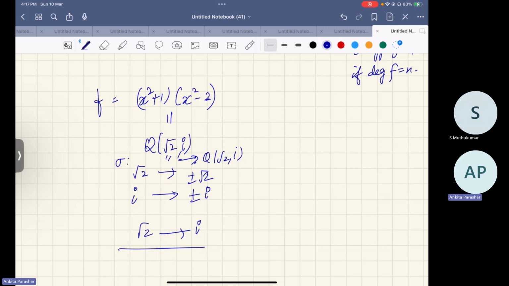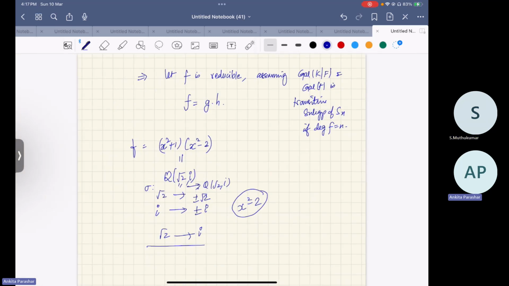Why? Because root 2 is a root of the polynomial x^2 - 2 and it has to go to another root, but it should remain in the same polynomial. Although your main polynomial is f, it is a product of two distinct polynomials, and the roots of one polynomial will remain within its polynomial. It cannot cross to the other polynomial.